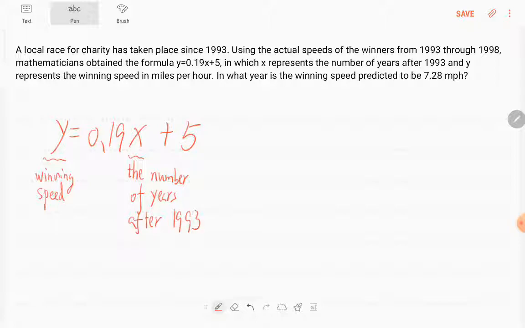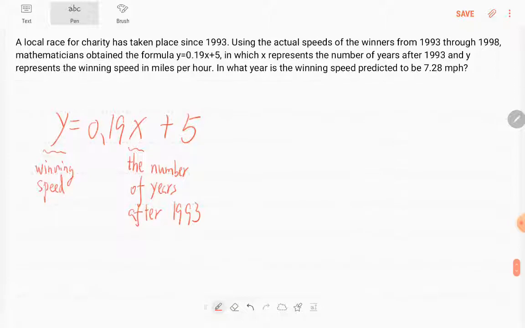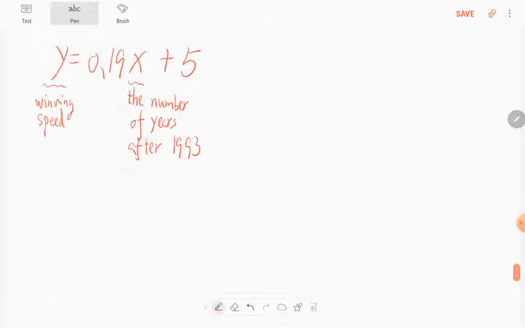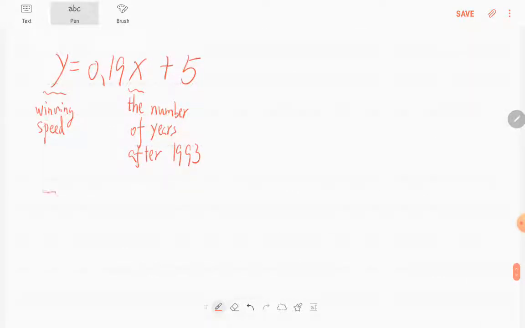So the question is, in what year is the winning speed predicted to be 7.28 miles per hour? So the winning speed is 7.28, equal to 0.19 times x, where x is the number of years after 1993, plus 5.